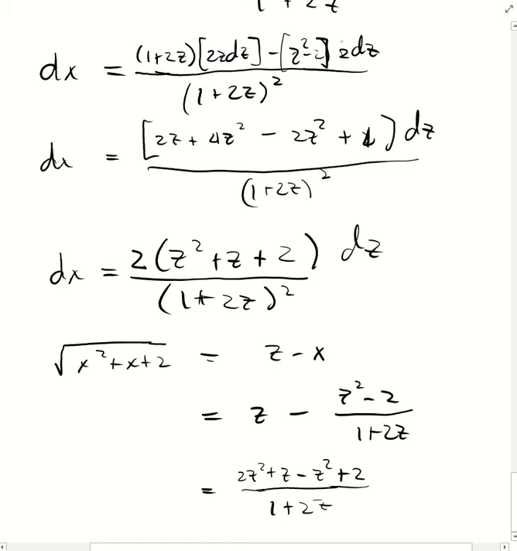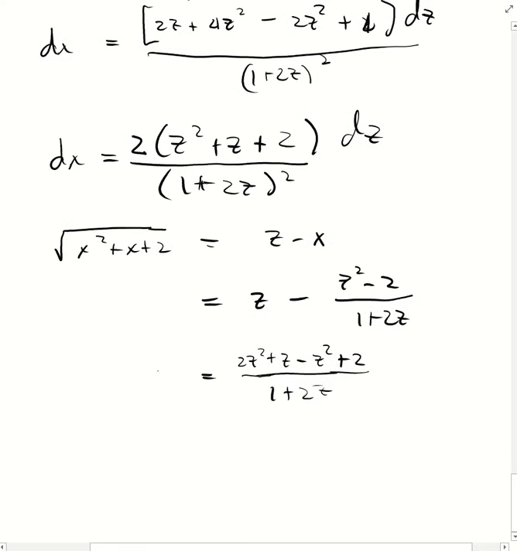Then 2z squared minus z squared is just equal to z squared. Therefore, the square root of x squared plus x plus 2 will be equal to z squared plus z plus 2 all over 1 plus 2z.